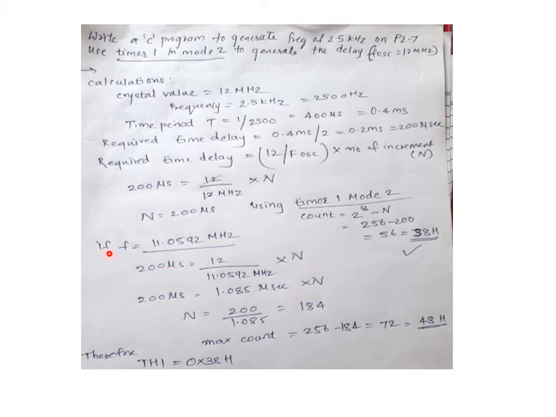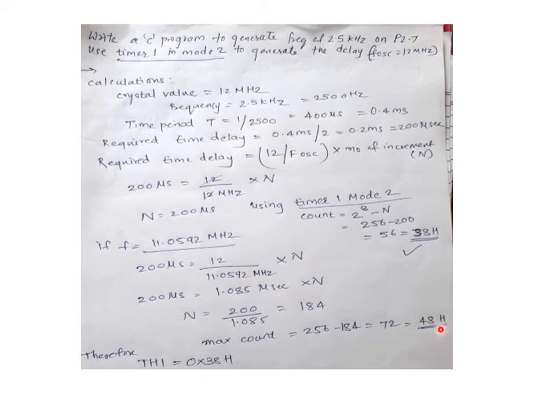So if we take frequency 11.0592 megahertz, we will get the value N is equal to 184. So maximum count is 2 raised to 8, which is 256. So 256 minus 184 we will get 72. So in hex we will get 48H.